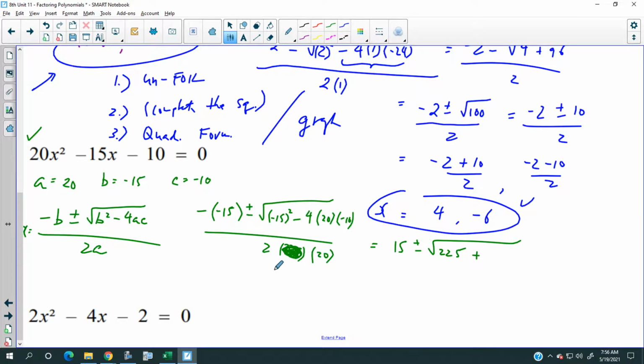So 4 times 20 times 10 is 800. Over 2a, so that's 40. What is 800 plus 225? Take the square root of that. Square root of 1025, right? It's 32.01.